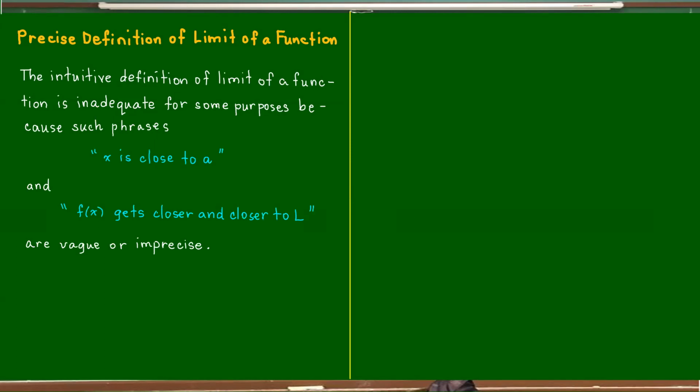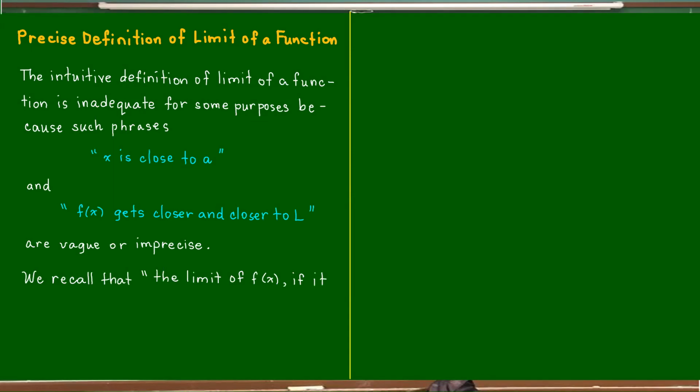So we're trying to extract from this intuitive definition the mathematical equivalence of phrases like x is close to a, f of x gets closer and closer to L. How do we express them mathematically?